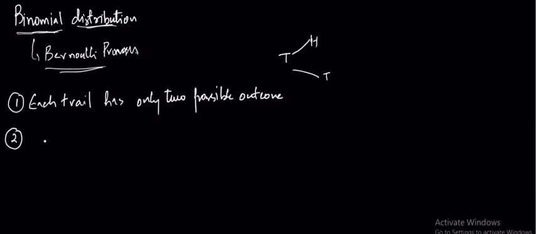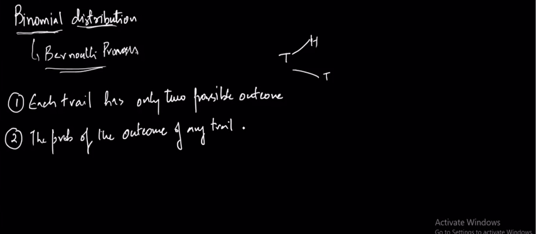The second one is that the probability of the outcome of any trial remains fixed over time.